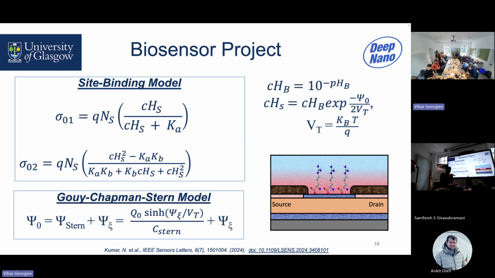Some experimental people really don't have the money, the time, and the resources for these fancy numerical simulations or whatever license you want to use. So my collaborator said, I'm okay with analytical stuff. I want analytical equations. As long as you give me a rule of thumb, it's fine. So this is what we did. I'm not going to go into details, but these are the calculations you can use.